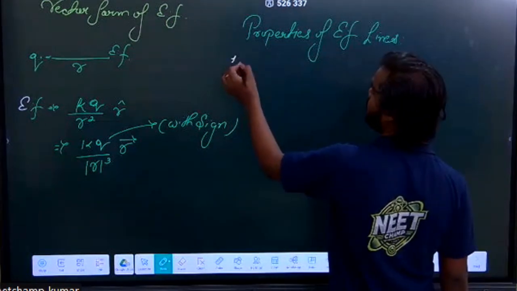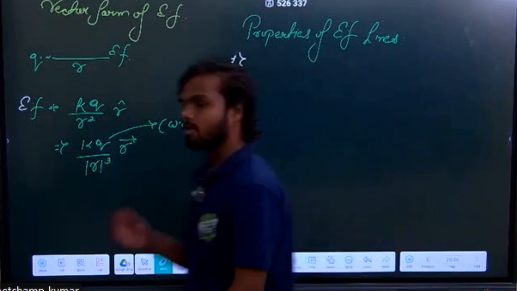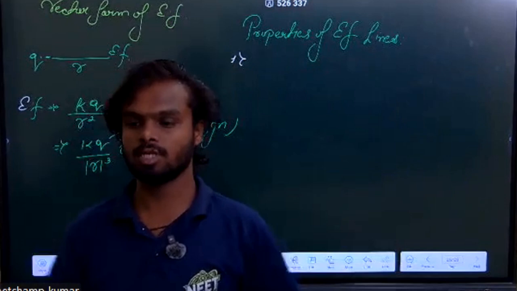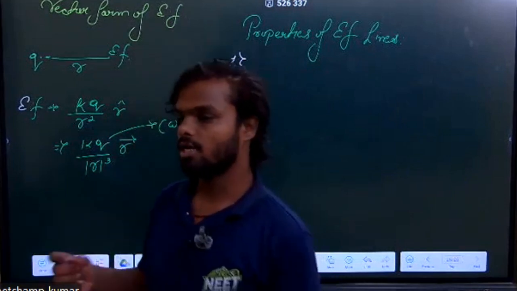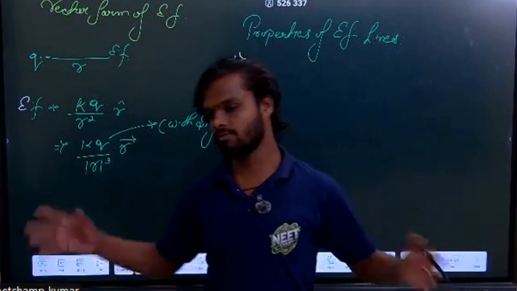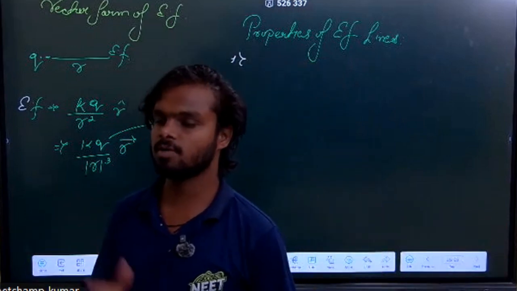The first property of electric field lines is that electric field lines always originate from the positive charge and always terminate at the negative charge. You can say electric field lines always originate from a positive charge and go to infinity. If my negative charge is not present there, it will go to infinity.